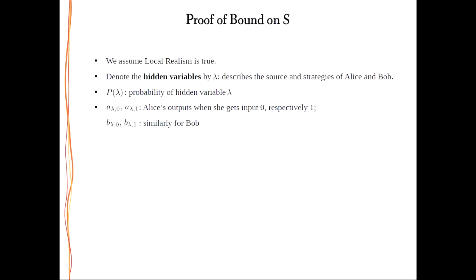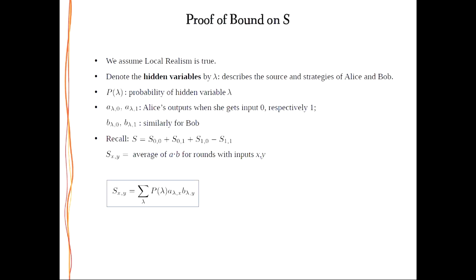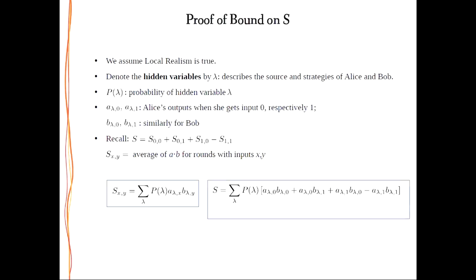Basically, that is what this is. Then if we calculate one of these four S terms, you can sum over all the different hidden variables, with P(lambda) the probability of them using that hidden variable, and then A times B, so this is the average of A times B over all rounds. You can do something similar for all four of these terms, and then you get the total S value.